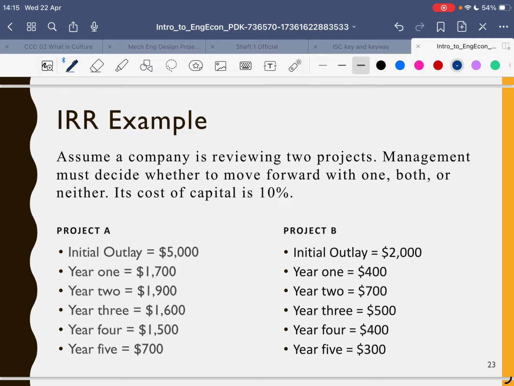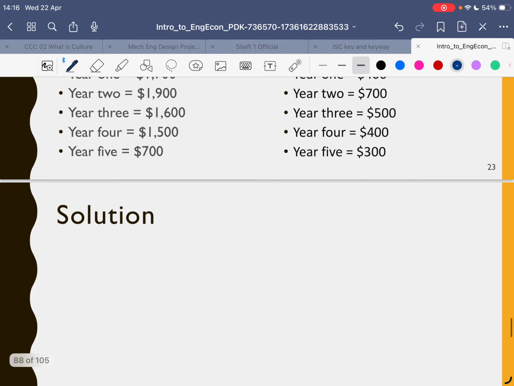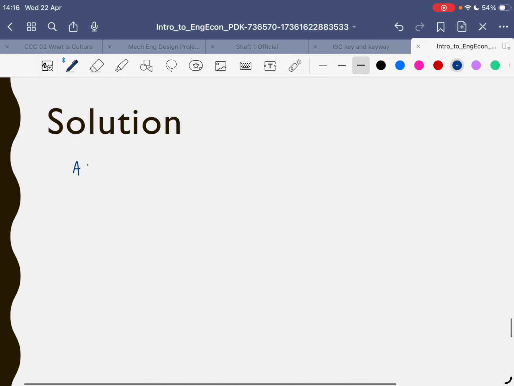For option A, the cash flow diagram is like this. You have years 0, 1, 2, 3, 4, and 5. You have an initial investment of 5,000, and in year 1 you have a return of 1,700, year 2, 1,900, year 3, 1,600, year 4, 1,500, and year 5, 700.